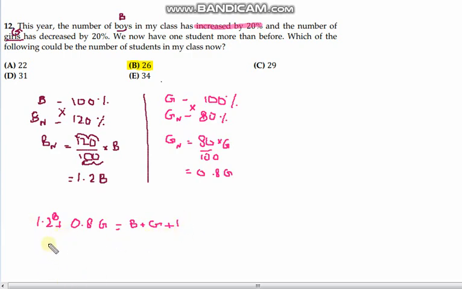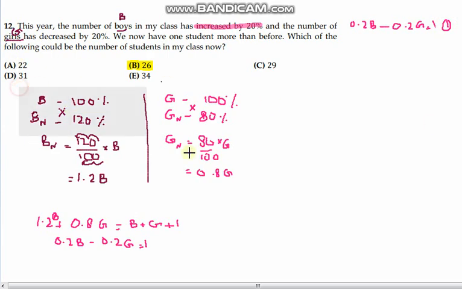Now if we simplify this, we have 1.2 minus 1 is 0.2B, 0.8G minus G is going to be minus 0.2G equals 1. So let's take that as equation number 1. 0.2B minus 0.2G equals 1, right? That's equation number 1.